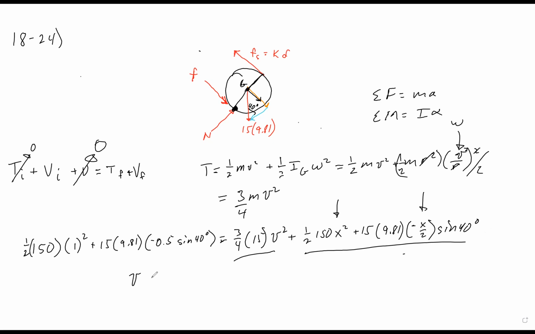So the velocity is equal to 1.702 meters per second. That's supposed to be a 2. And then we can find our omega by using our velocity and the length of our radial arm, and that ends up being 4.26 radians per second. All right, so that is part A.